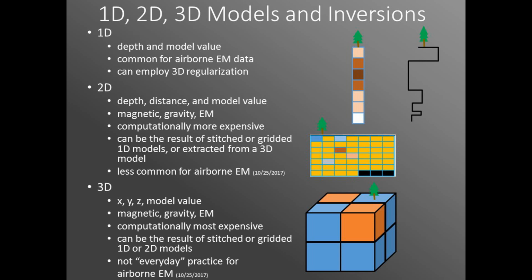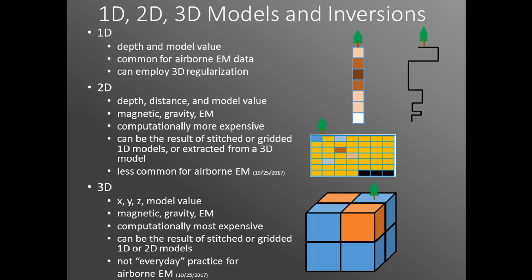Okay, now we're going to switch to 2D. I'll mention one thing that's kind of an aside because you'll hear it: a lot of times when you do these 1D models, if you're running an inversion, you might have them look at their neighbors so they come out more similar to their neighbors, and that's a way of controlling the end result and to give you more confidence in each individual model. So now we switch to 2D.